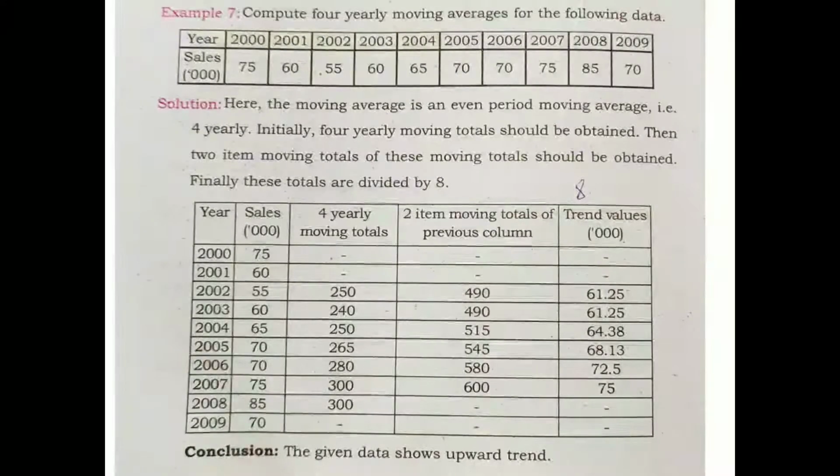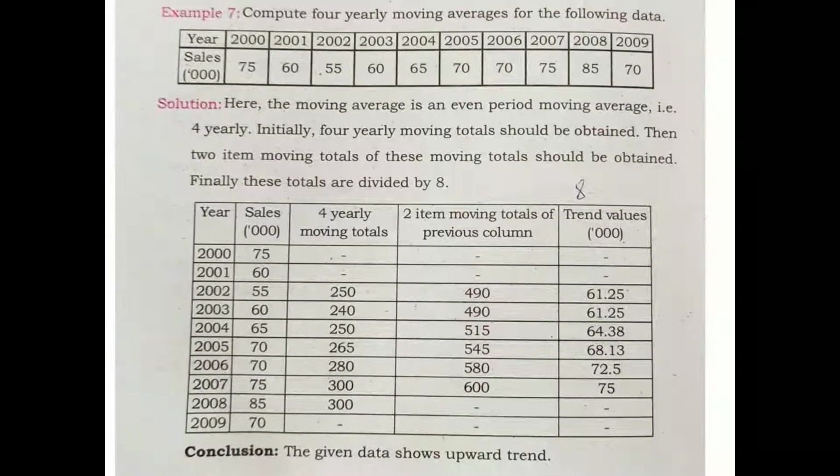Next, likewise, you calculate the 2 item moving totals of the previous column, that is of the 4 yearly totals: 250 plus 240 gives you 490. In the same way, go on adding and you will get the values. Next, you calculate the trend values by dividing by 8.